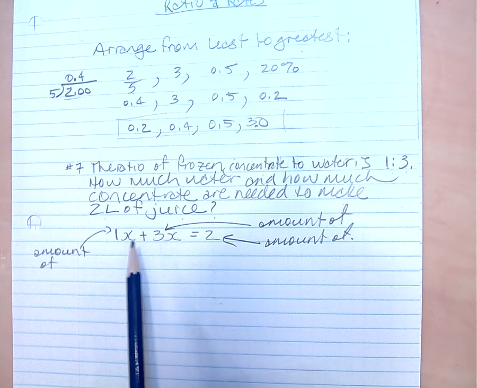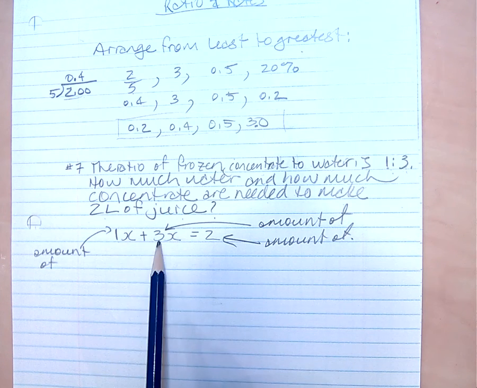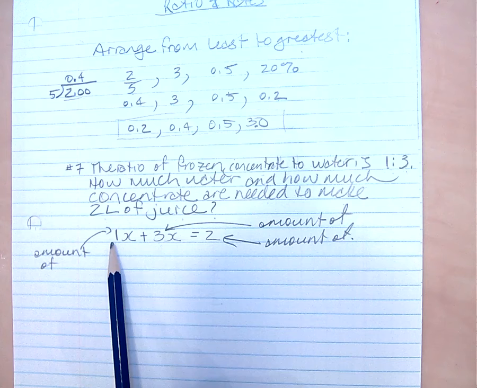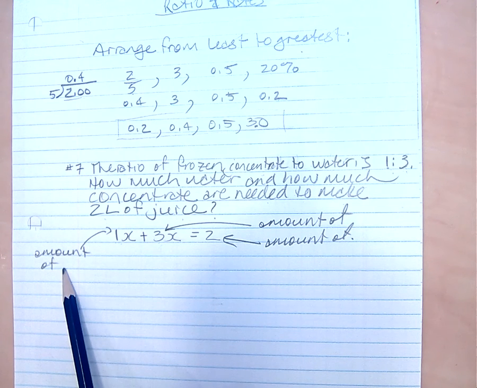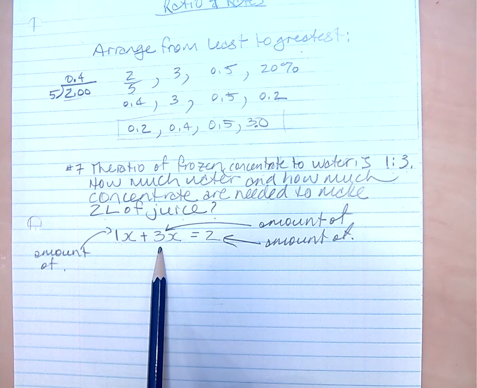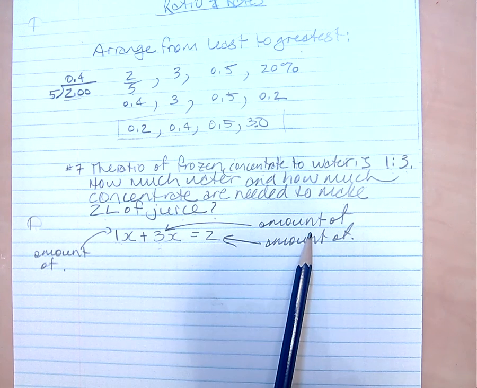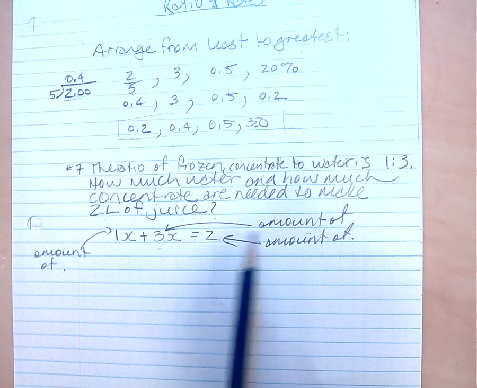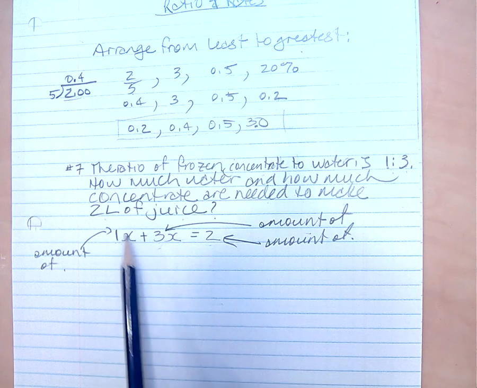So what we're going to do is say, instead of 1 and 3, we're going to say 1x, which is going to represent the amount of, guess, or tell me, or tell yourself. And then 3x is going to represent the amount of something else. And 2 is going to represent something else.